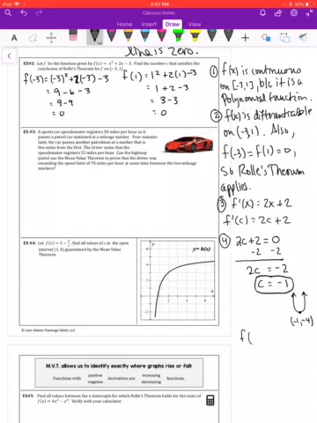But when we take our f of 1 minus our f of -3 over 1 minus -3, if they are the same number, it will always give us 0 in the numerator. So that is the most important thing.